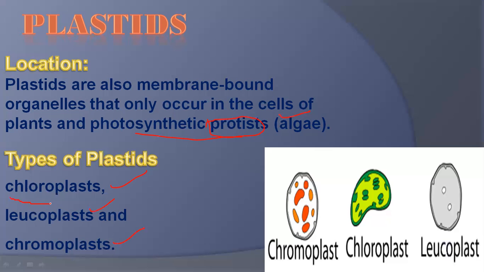Chloroplast: chloro means green, and plast means bodies. Leuco means colorless, and chromo means colored. So these are the structures which have pigments specifically for different colors. For example, chloroplasts, you can see here, are green in color because they have a green pigment that is called chlorophyll.